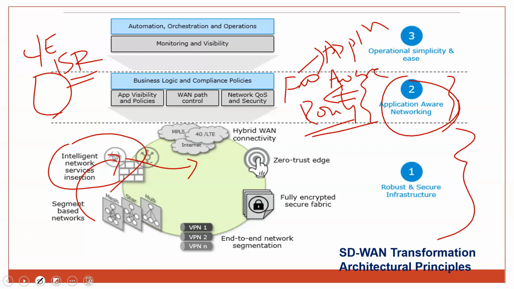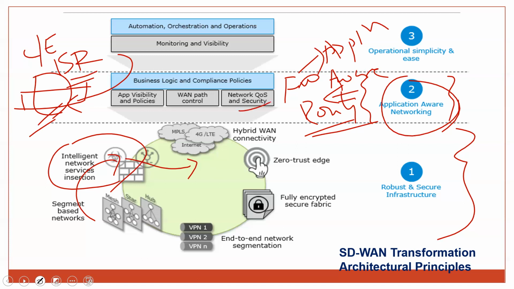These ISR routers have very good hardware. You can create a container inside the ISR router and install the firewall program inside that container. So the ISR router is not only application aware, but also application plus firewall aware. Both things it can do. We'll see that later on.